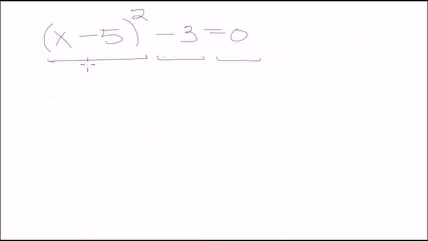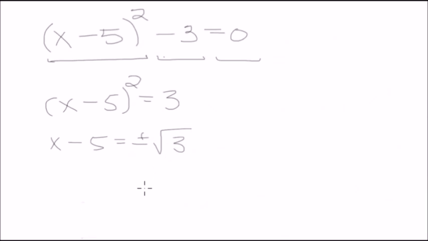But since the first part here is a squared term, I know that x minus 5 squared is equal to 3. In other words, x minus 5 is equal to plus or minus the square root of 3. And if we then solve for x, that naturally spawns our two solutions.